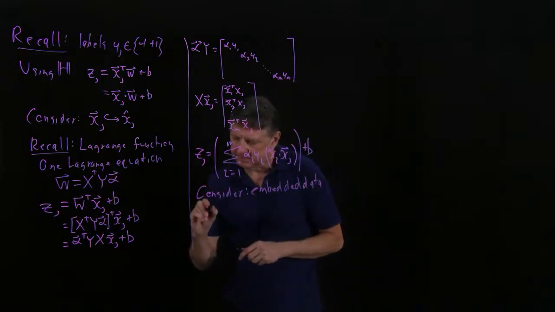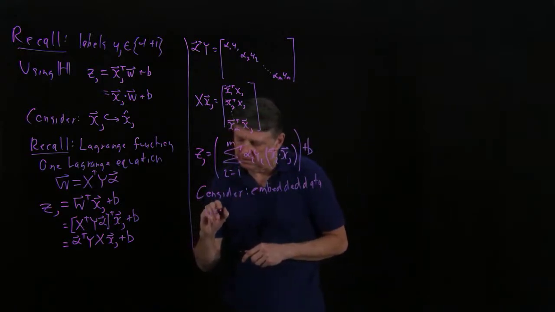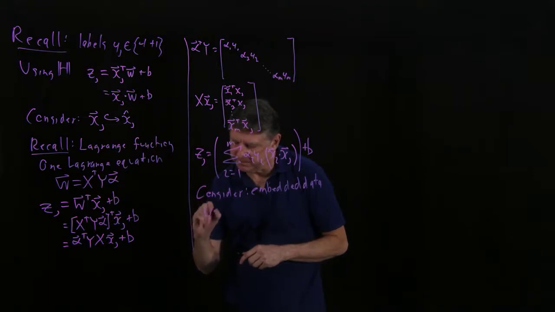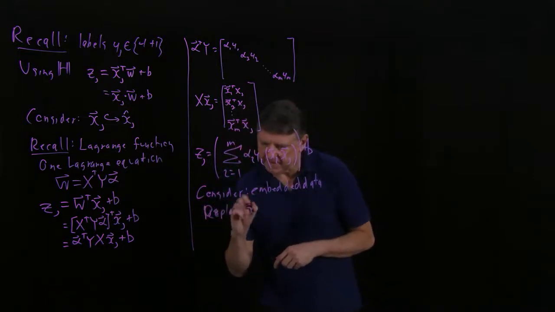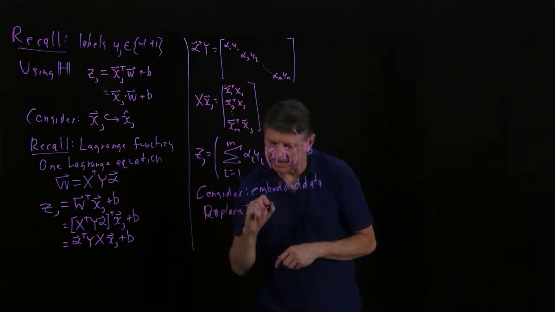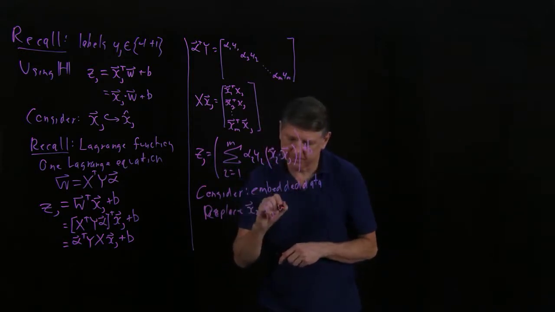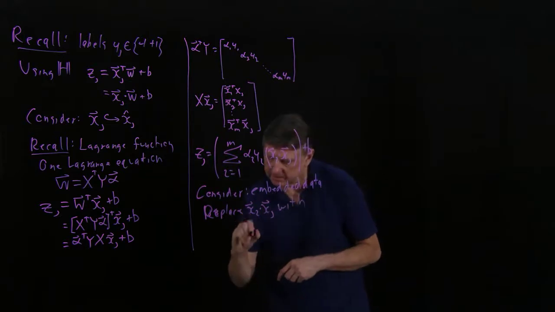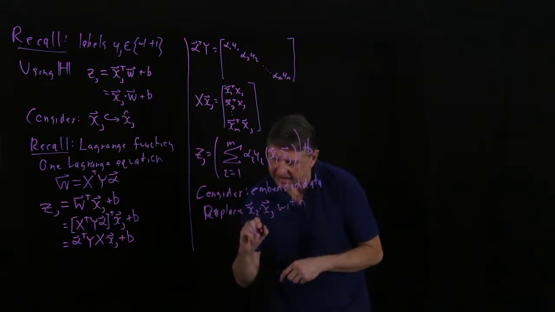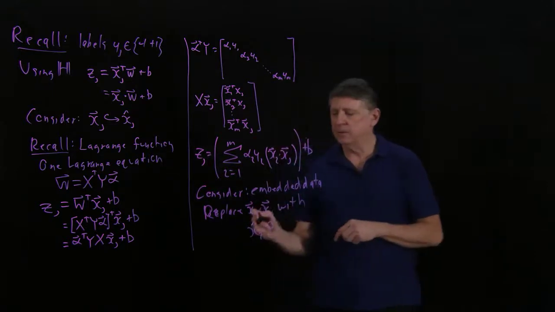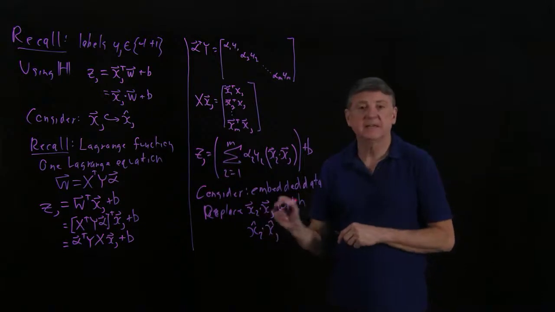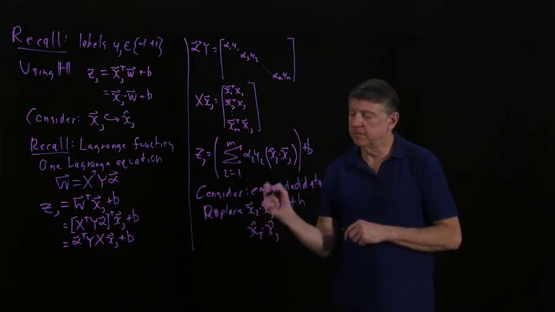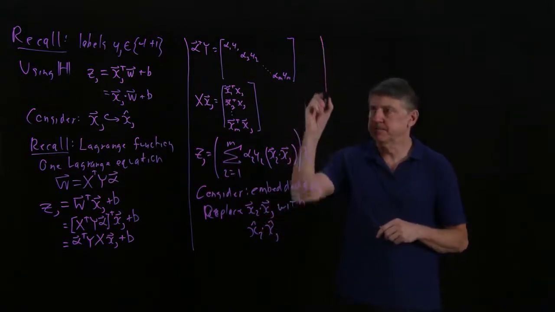We would replace this xi dot xj with x hat i dot x hat j. That would require going through the embedding and the dot product, and that is equal to the kernel function applied to the original vectors.